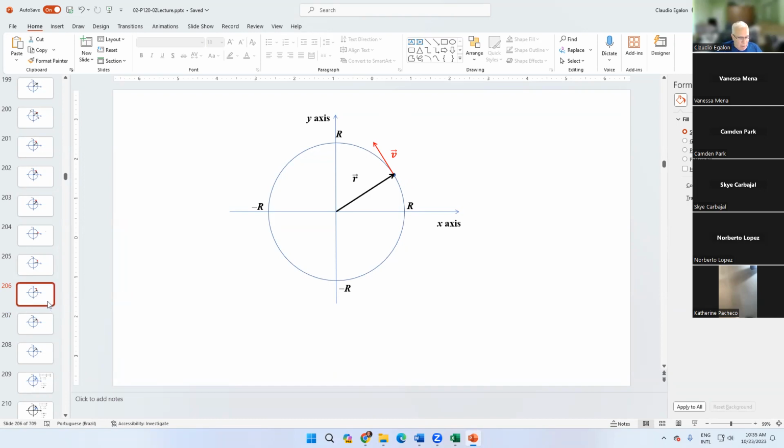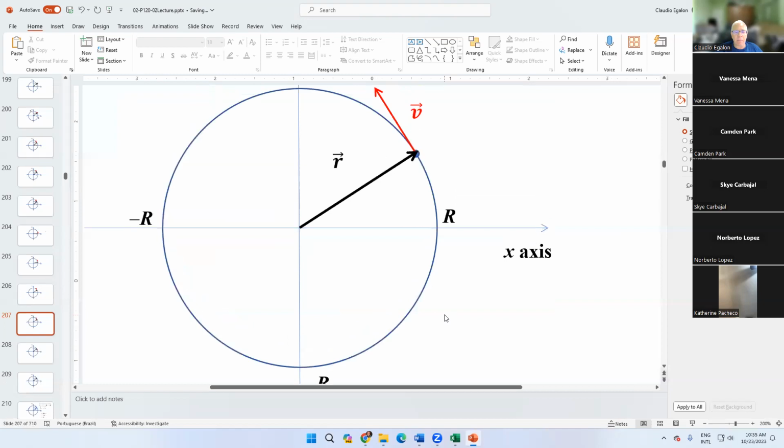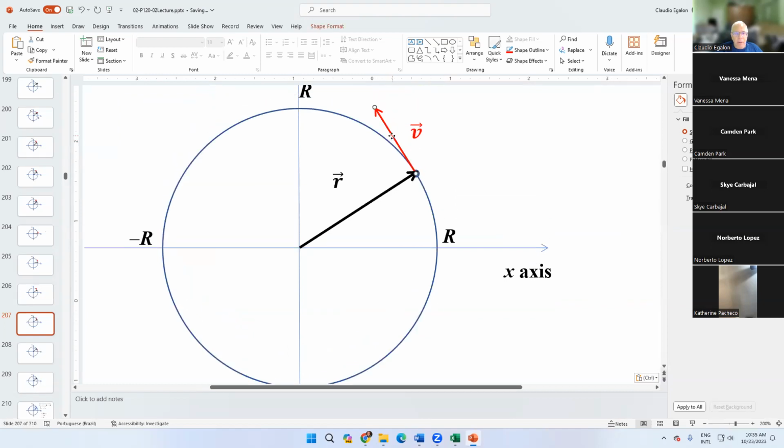And I will come up with some more details. Okay, this vector velocity has a x component and a y component, right? Everybody see that?